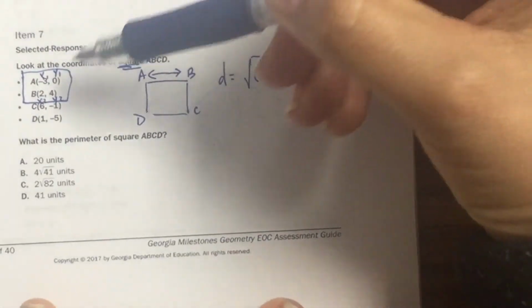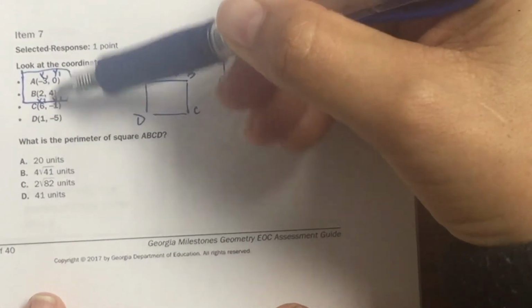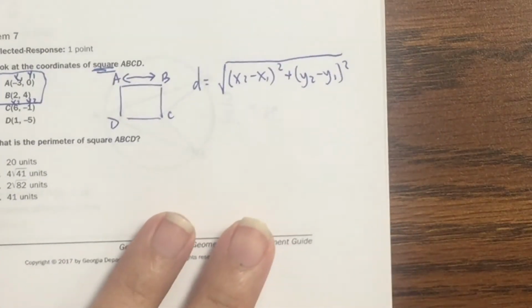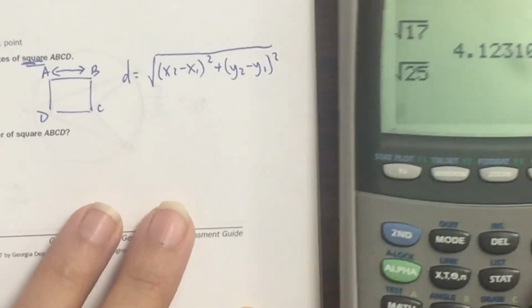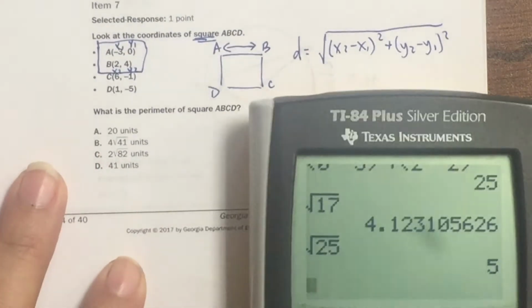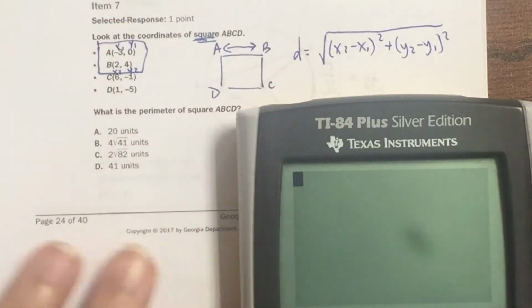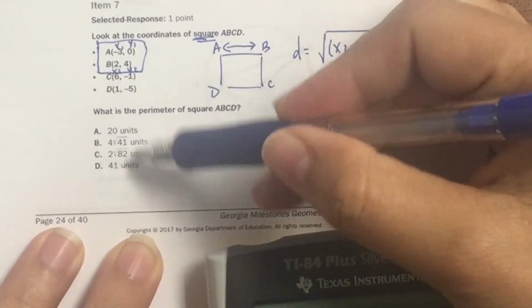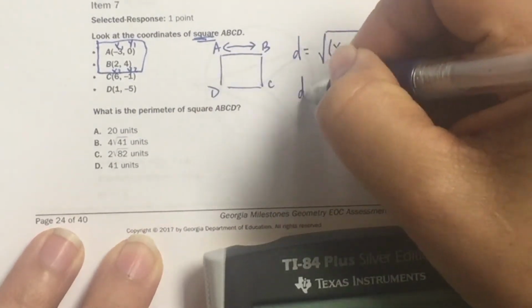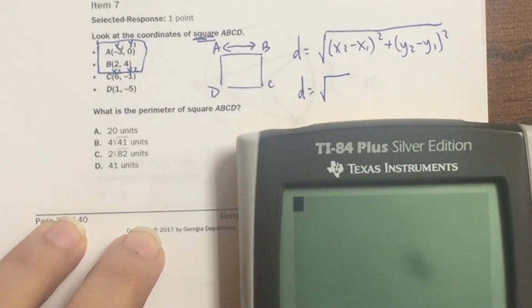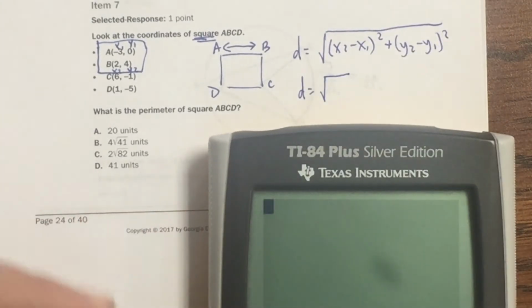Again, it doesn't matter which one you choose to be 1 and 2, as long as the 1s are together and the 2s are together. Then you take the calculator. I'm going to leave the square root in my answer, just in case, because I don't want to type it in twice if it's not a whole number.